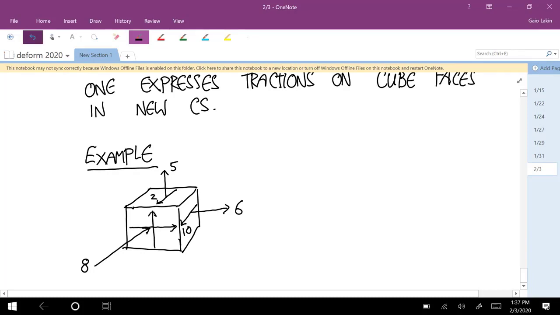Okay, so let's say that that represents our stress tensor, and we'll start out with it in this coordinate system.